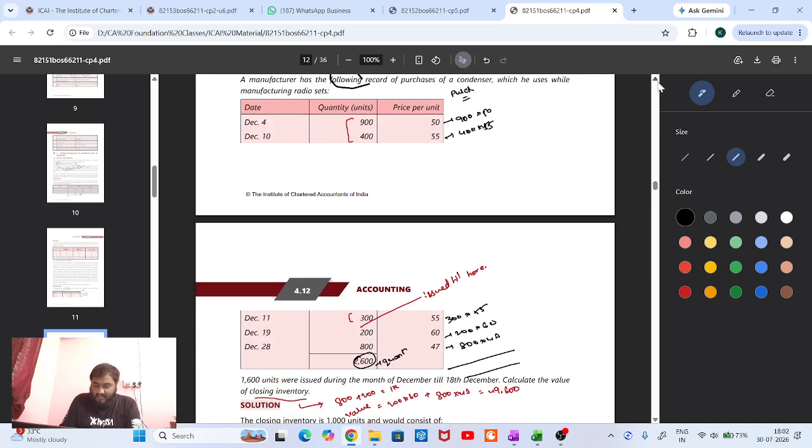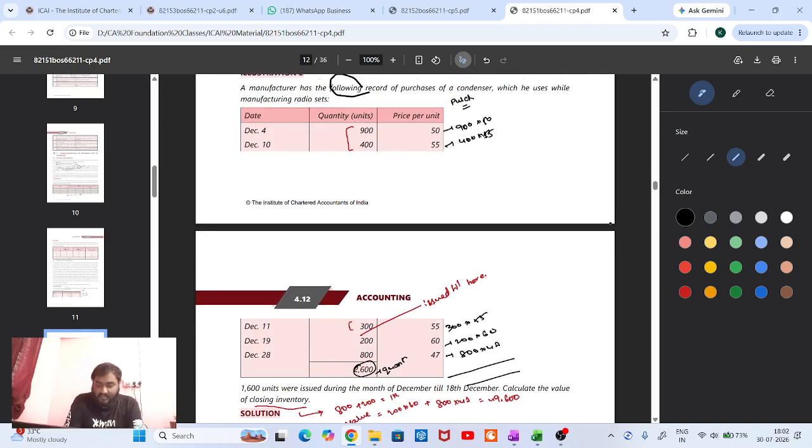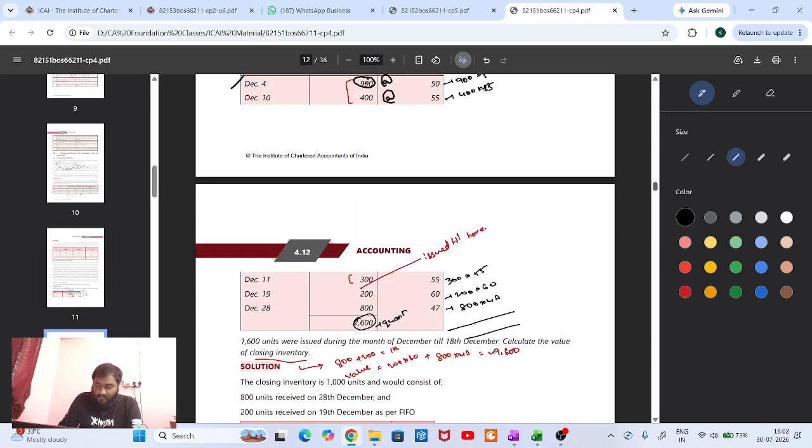These are the purchases, these are the dates. December 4th, he purchased 900 units at a price of 50 rupees. December 10th, 400 at the rate 55 rupees. December 11th, 300 at the rate 55. December 19th, 200 at the rate 60. December 20th, 800 at the rate 47.